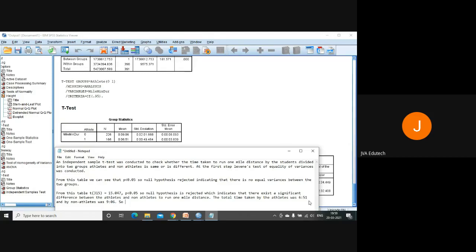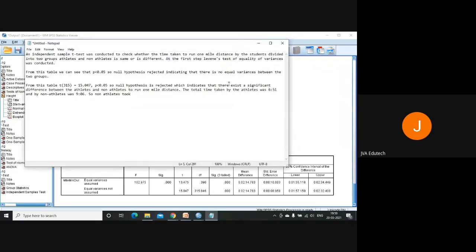So non-athletes took 2 minutes 14 seconds more than the athletes who run 1 mile distance.